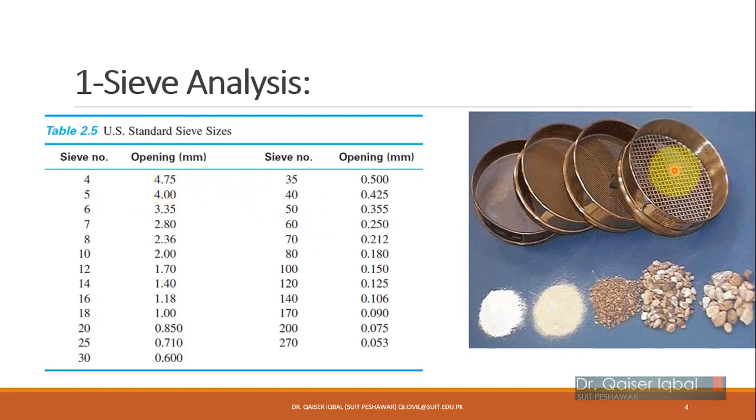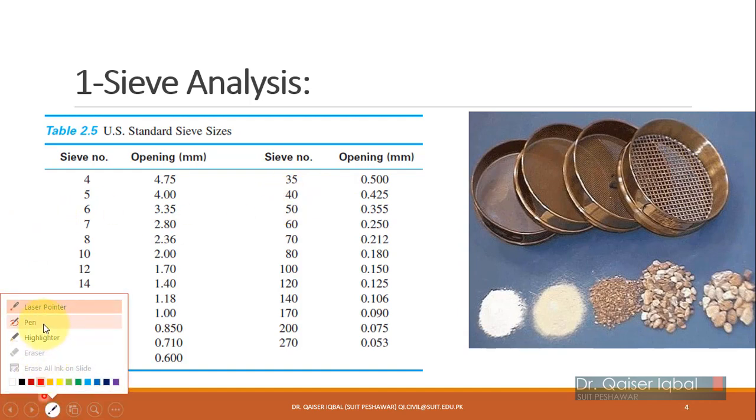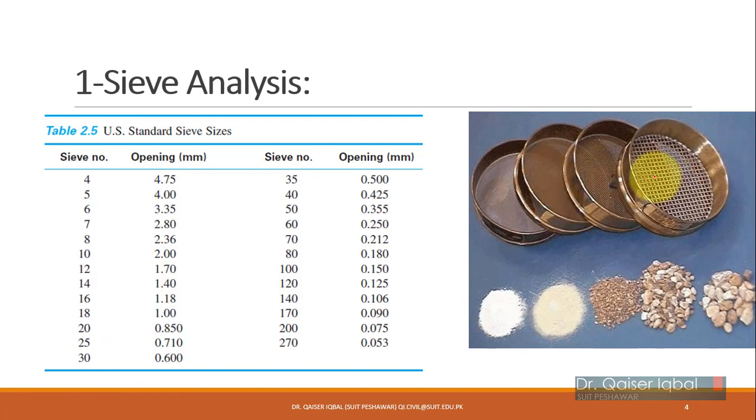If this sieve is sieve number 4, number 4 means that per linear inch this sieve has 4 holes. So if you count the number of holes in 1 linear inch, there will be 4. That is what refers to the sieve number.